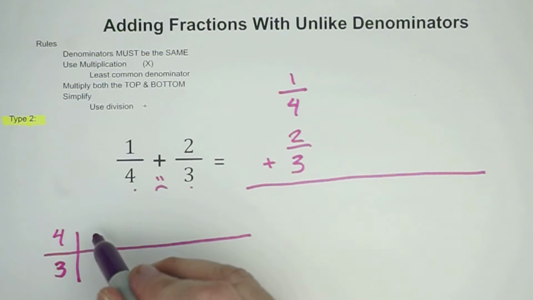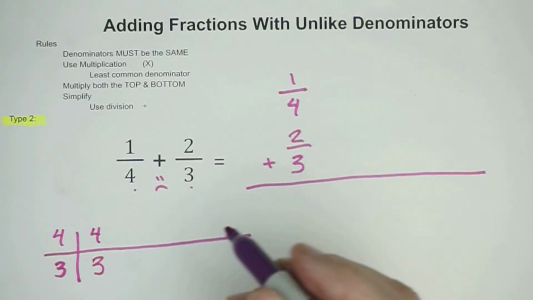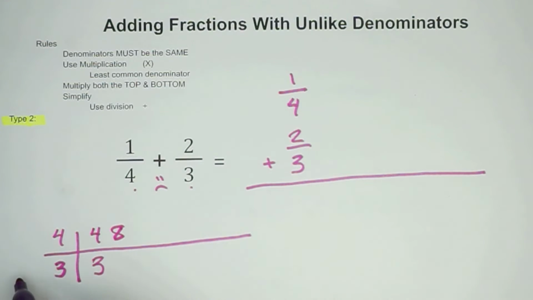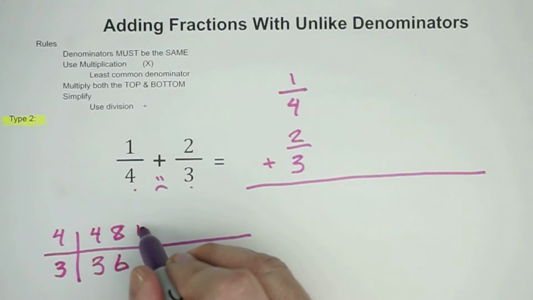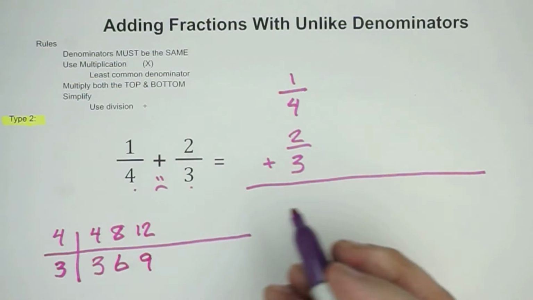1 times 4 would be 4. 1 times 3 would be 3. Okay, that's not common. So 2 times 4 would be 8. 2 times 3 would be 6. Let's try 3 times 4 would be 12. And 3 times 3, that would be 9. So far I'm not finding a common.